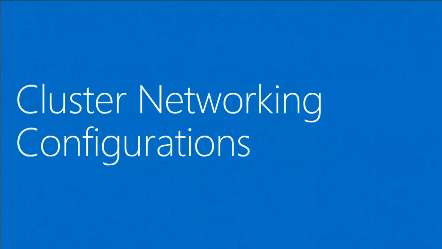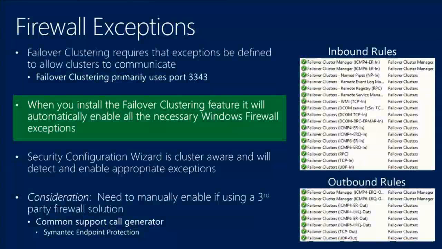So that was the networking deep dive from an architecture perspective. In terms of configurations, when you install failover clustering, we install a set of firewall rules. Those all have the failover clusters star rules, and they are enabled by default.